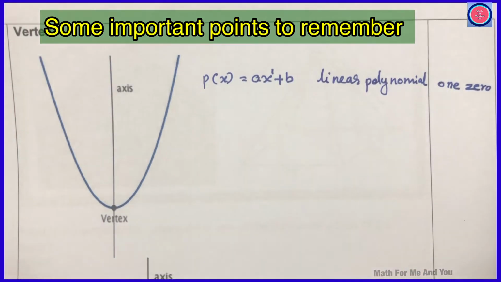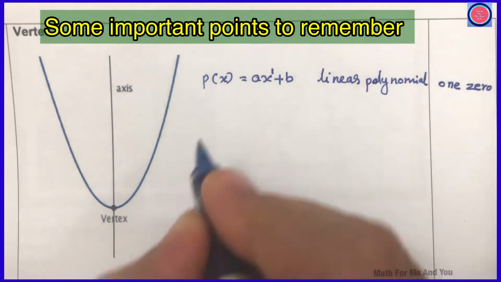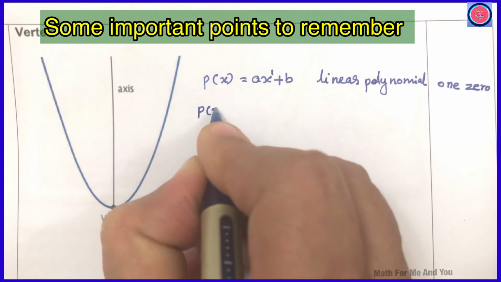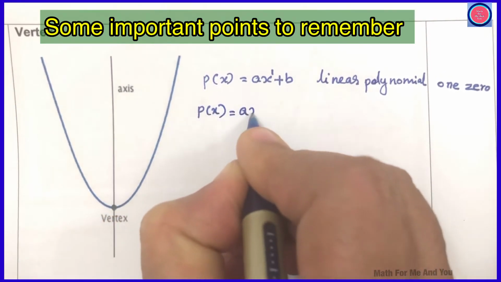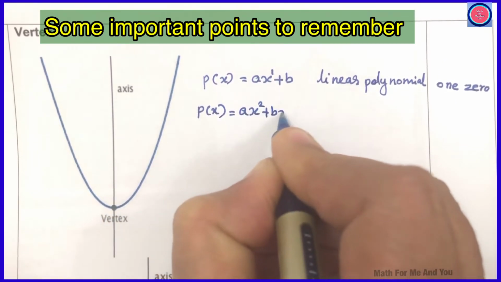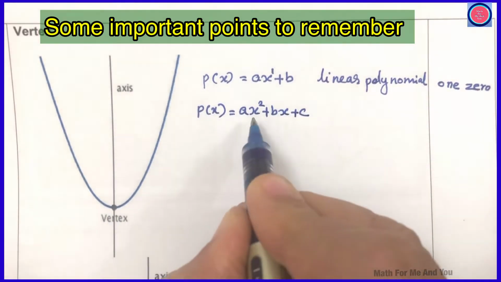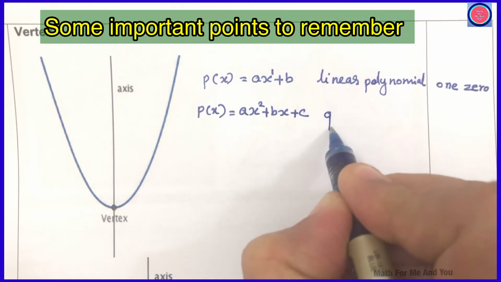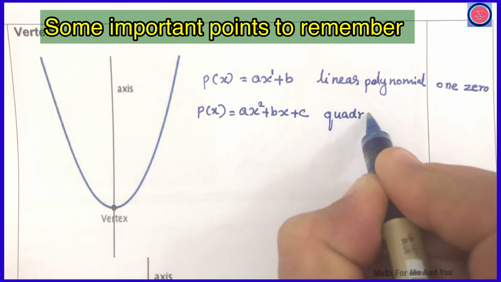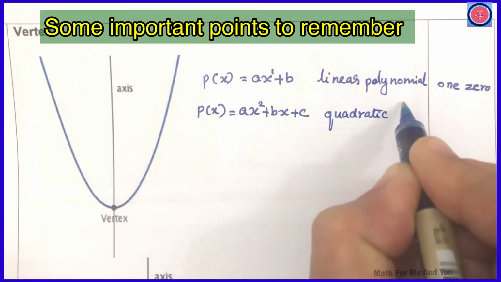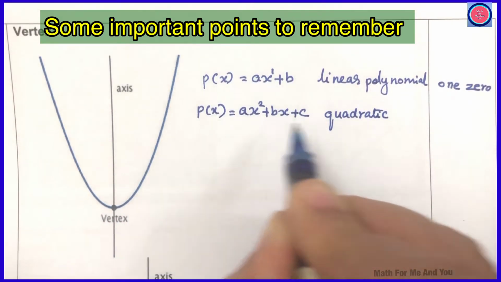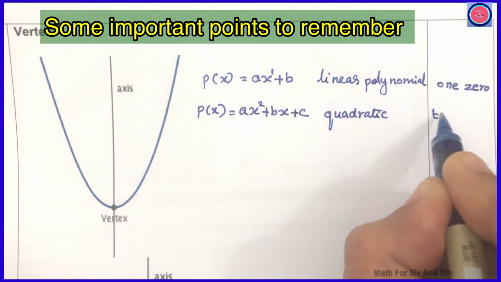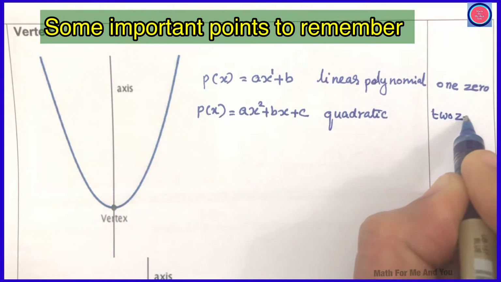If the degree is 2, then how can we write the polynomial? That is quadratic. P of x equals ax square plus bx plus c. And the graph we get is a parabola. I can see on the left side the shape of the parabola. Its name is quadratic polynomial. And since the highest power is 2, there are 2 zeros.